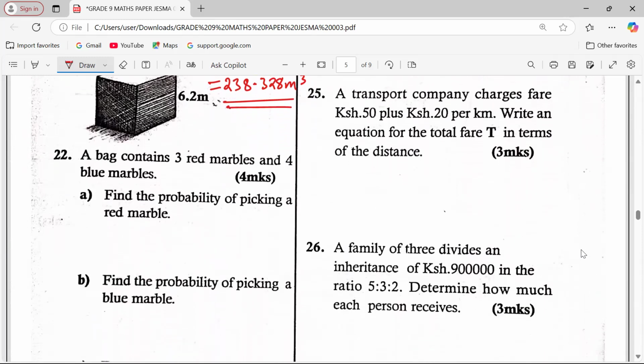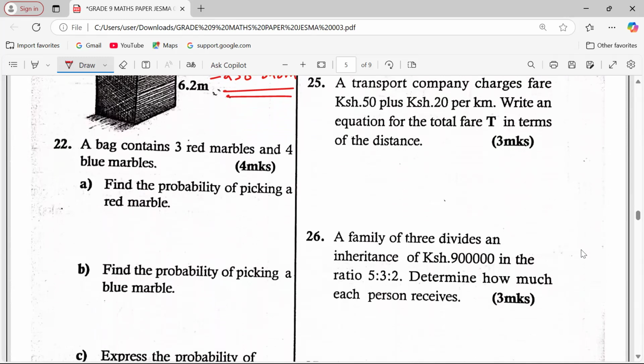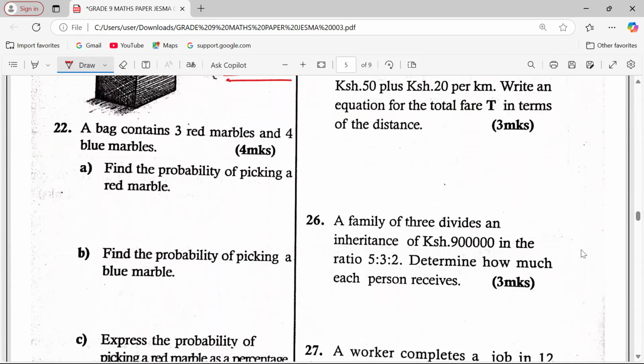In number 22, we have a probability question whereby we are told that a bag contains 3 red marbles and 4 blue marbles. Find the probability of picking a red marble. So for us to find probability, we have to look at favorable outcomes divided by total number of outcomes.